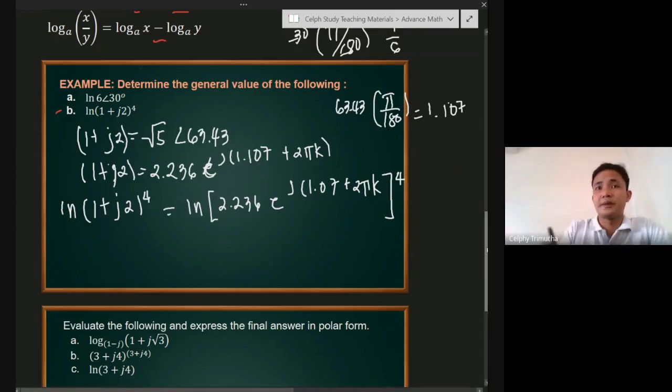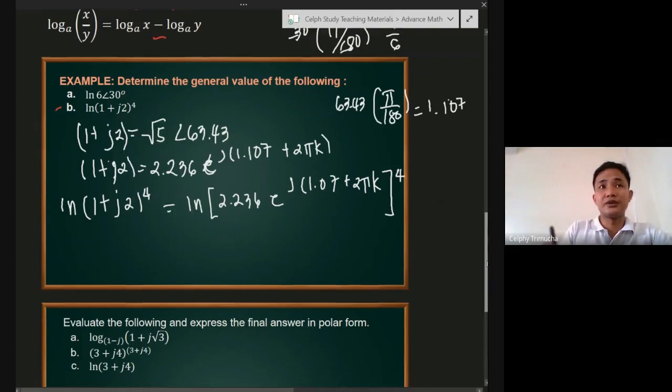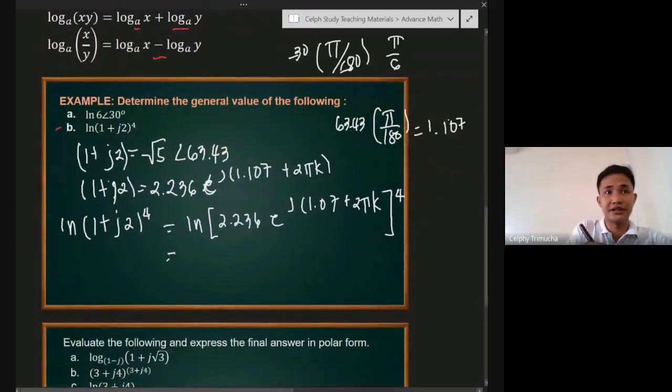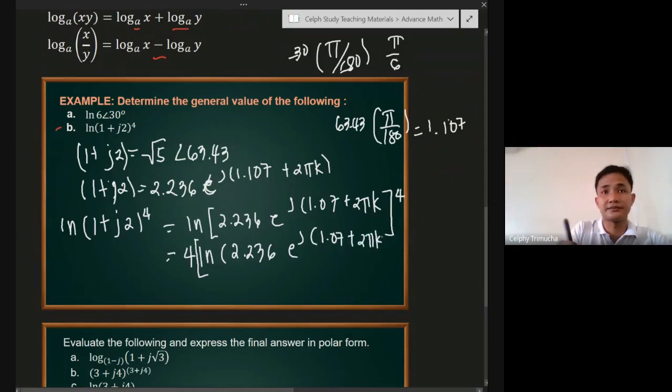By the logarithm property ln x raised to n, we can bring down the 4, so we will have 4 ln of 2.236 e raised to j times 1.07 plus 2 pi k.